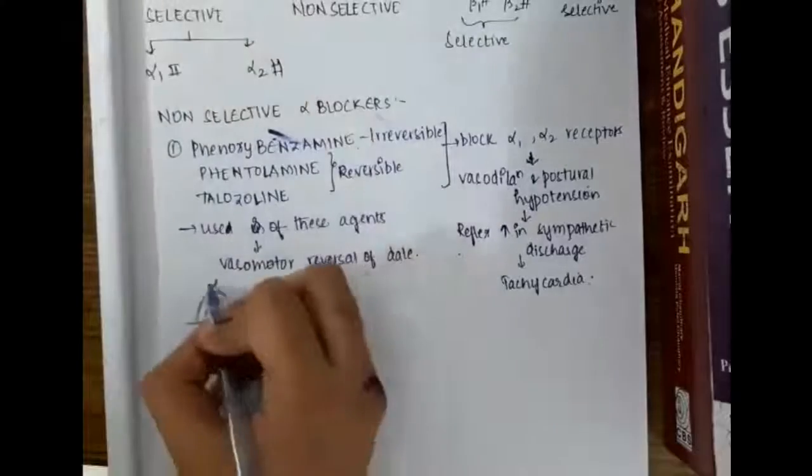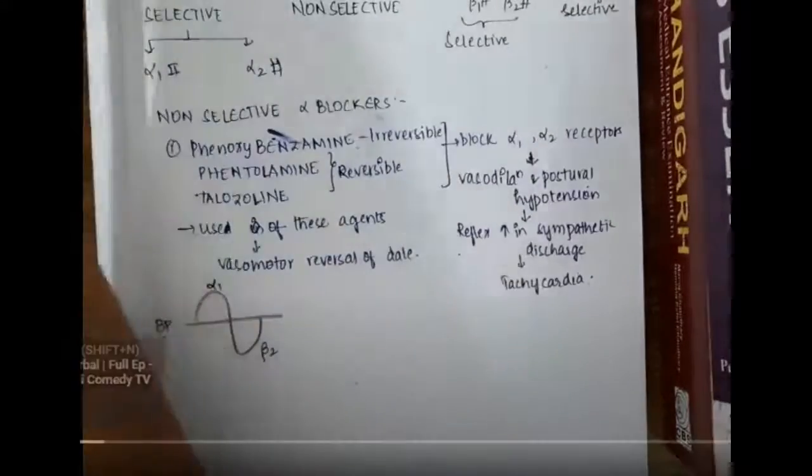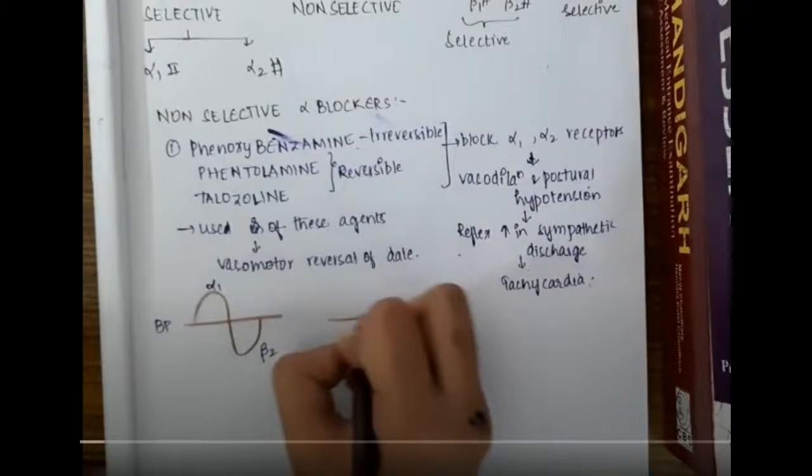Normally, whenever you give epinephrine, at higher doses of epinephrine concentration, the alpha receptor gets activated and it causes vasoconstriction, causing increased blood pressure initially. Later, as the dose decreases, the beta 2 receptor gets activated, causing vasodilatation, thus decrease in blood pressure.